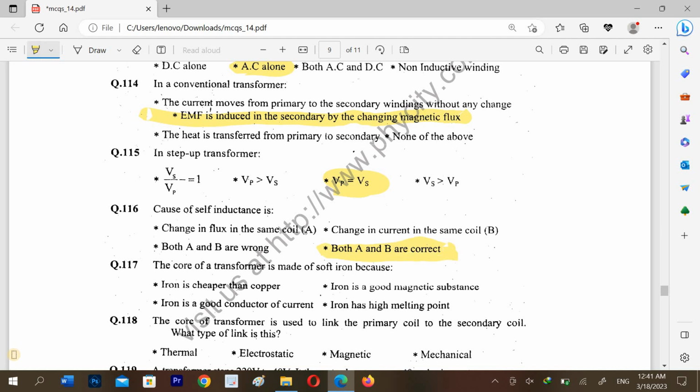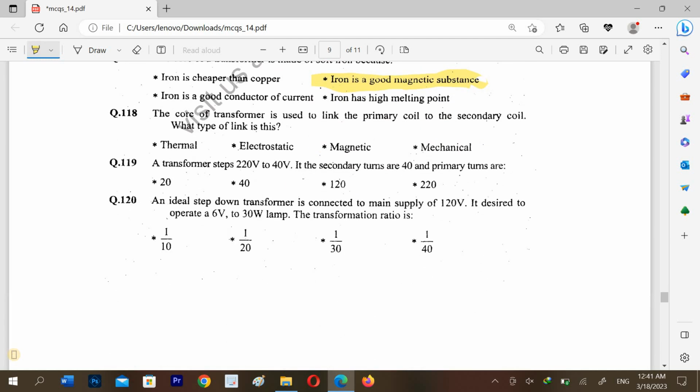The core of transformer is made of soft iron because iron is a good magnetic substance. A transformer steps 220 volt to 40 volt.